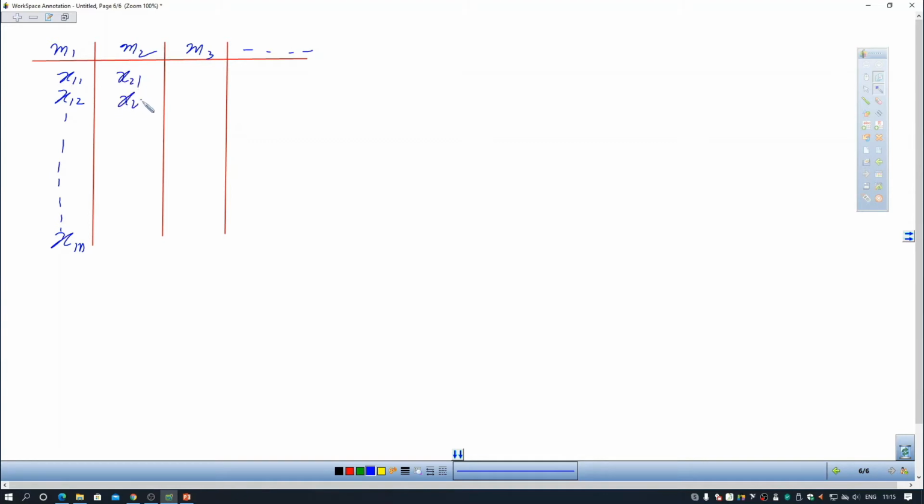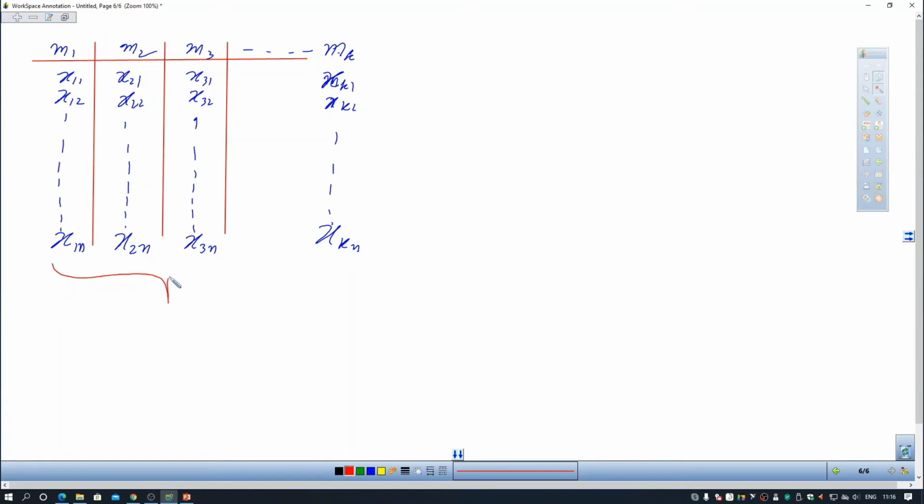Now here we can have x21, x22 and so on up to x2n. Now here it can be x31, x32 and so on up to x3n and so on. For machine suppose mk, so it will be xk1, xk2 and so on up to xkn. Now what we are interested is we want to see the differences caused due to the change in machine.